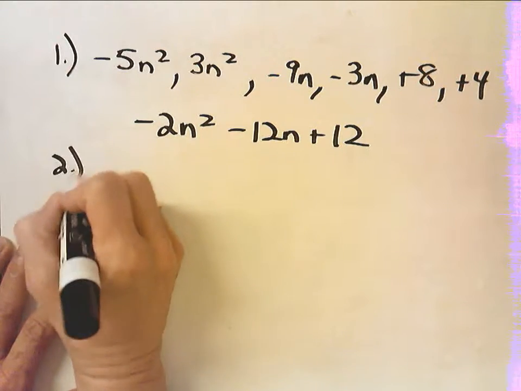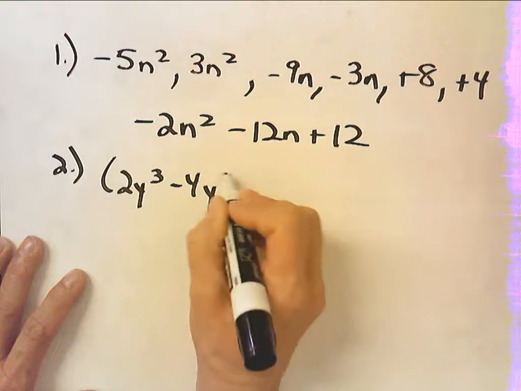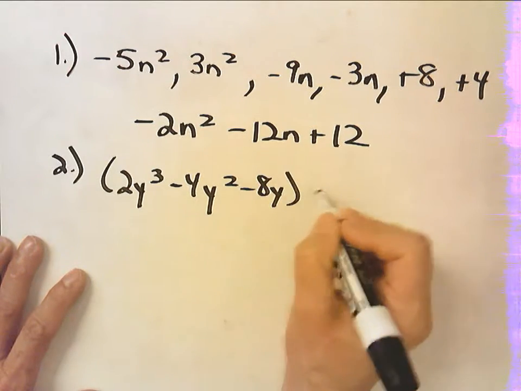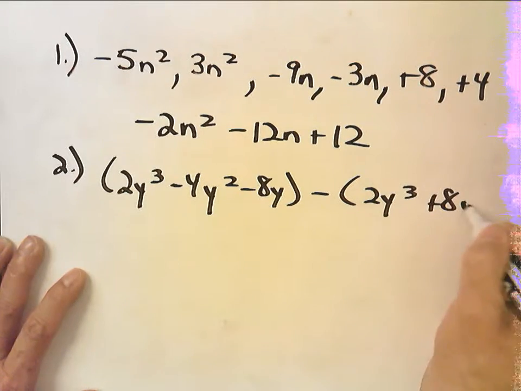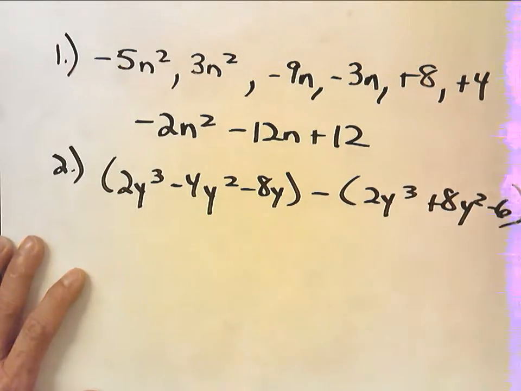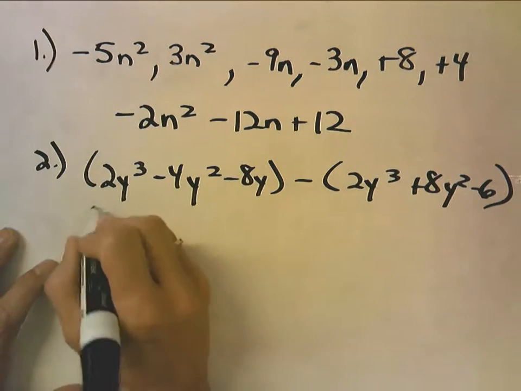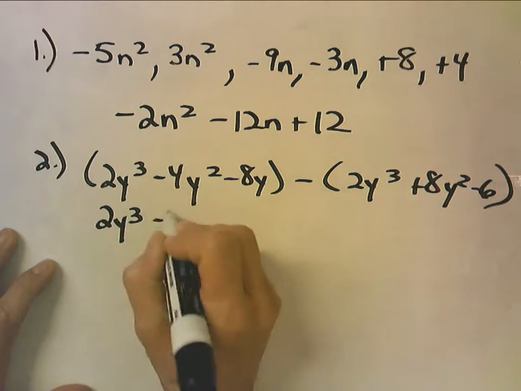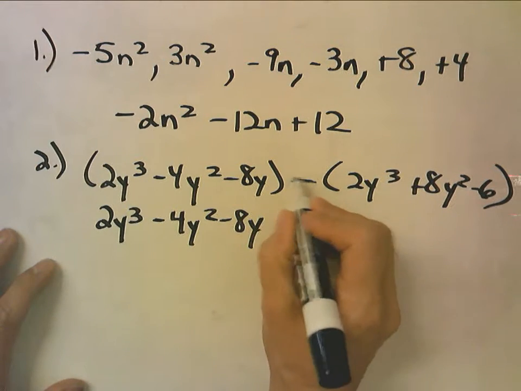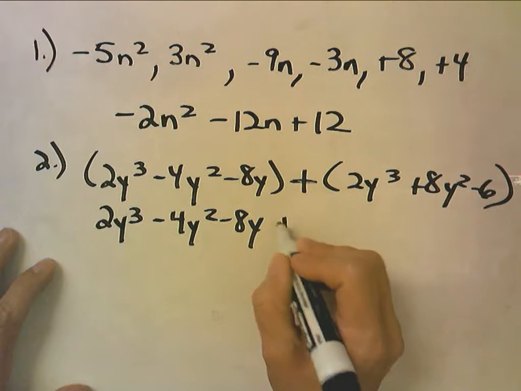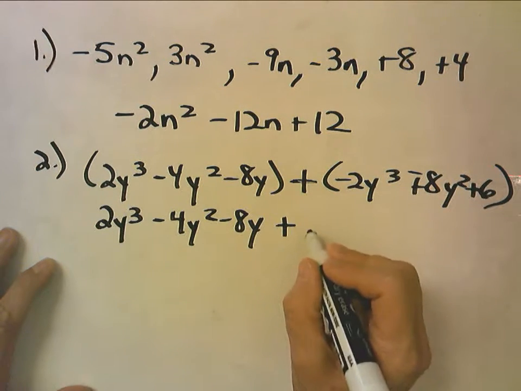And now for number 2, in this case, the first set of parentheses are not necessary, but the second set is definitely necessary because you are subtracting everything in that second set of parentheses. So I'm going to rewrite this, and instead of subtraction, I'm going to change it to plus the opposite, and change the sign of everything.